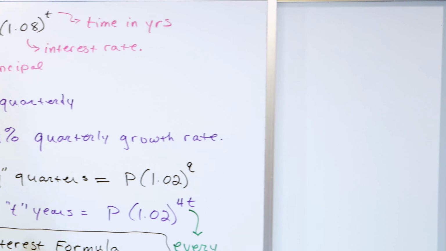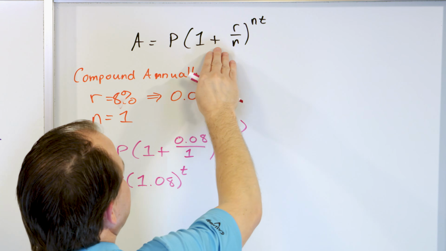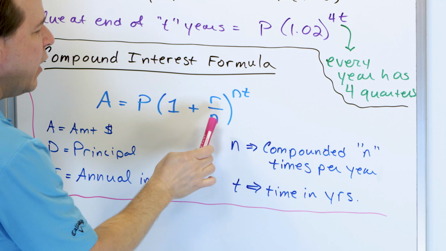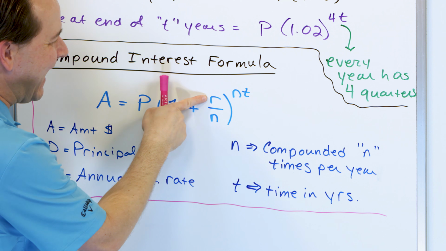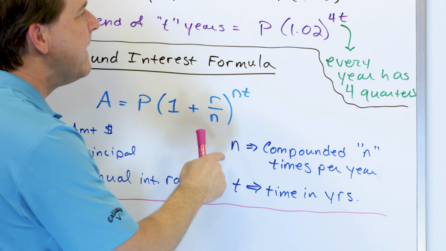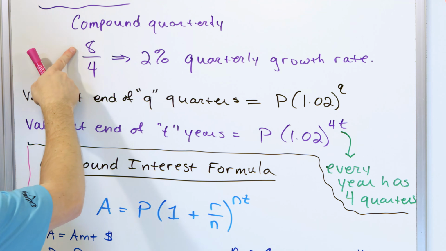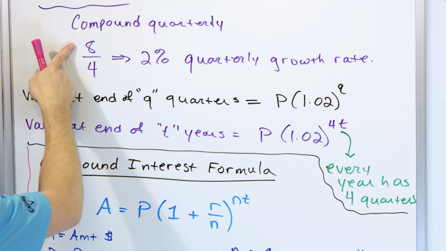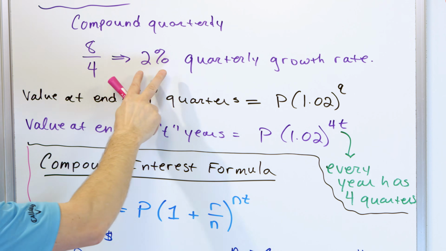That's what it is. So all that's happening in this equation, when you look at this in your textbook, a lot of students do not know what this is saying. All this is saying is I'm taking that annual interest rate and I'm dividing it by however many times a year I'm compounding. Because just as I showed you, if I'm compounding 4 times a year, I'm not going to give you 8% every 3 months. I'm going to only give you 2%.